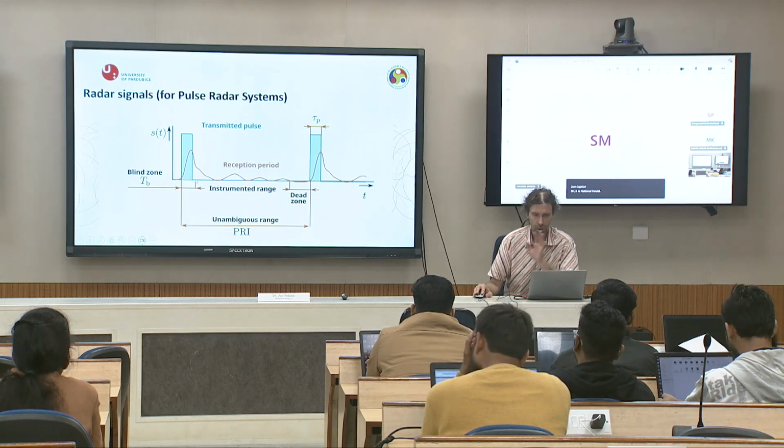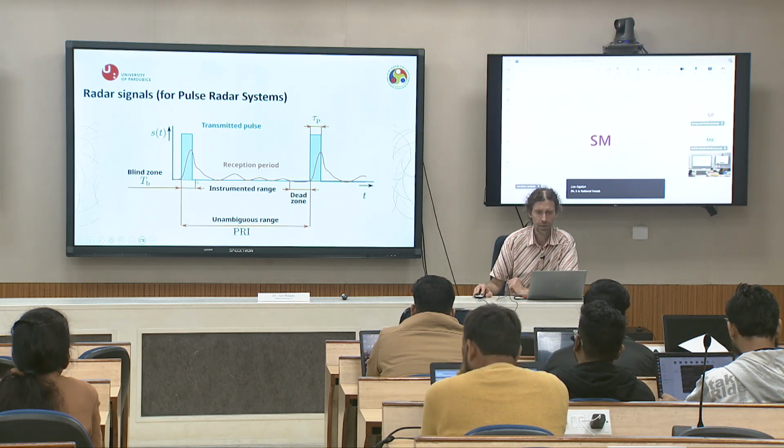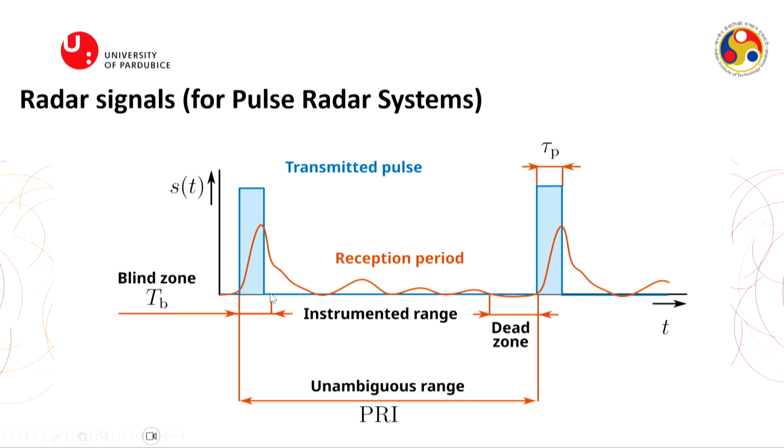What is important is the blind zone. Just for repetition, the blind zone is a zone where I can't receive any signal because I would destroy my receiver, because the reflection from a target will be so high, since the receiver must have extremely high sensitivity to detect such a small attenuated signal. Then we have the instrumented range.